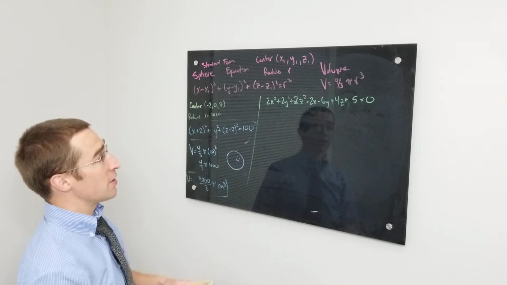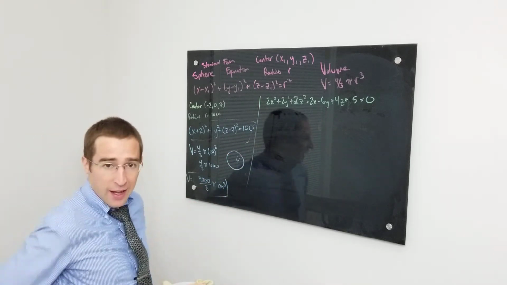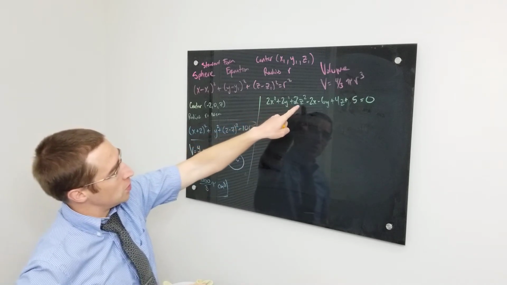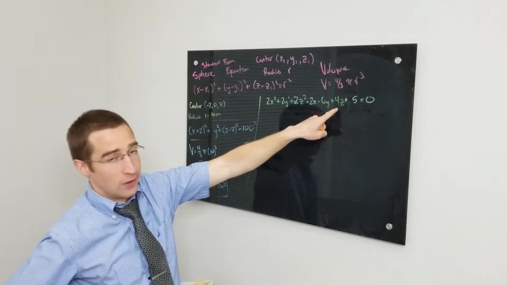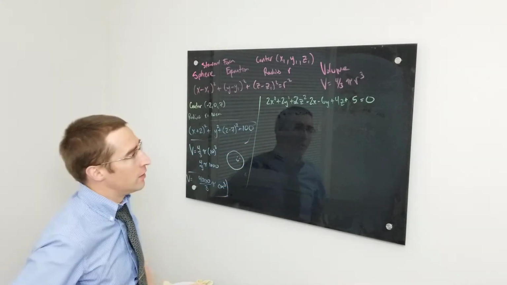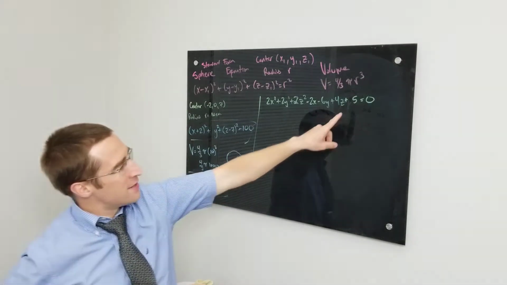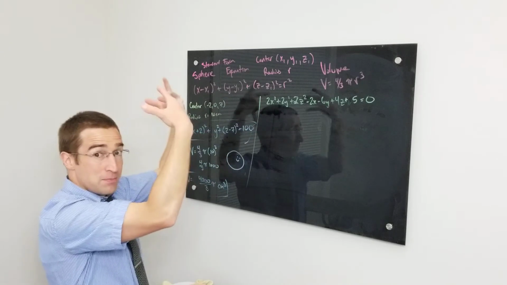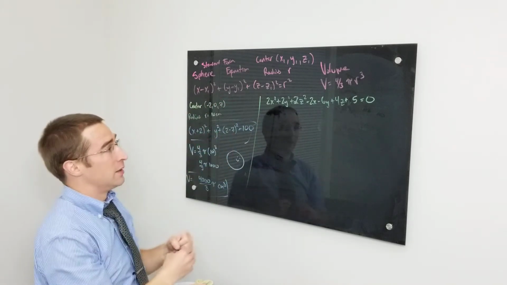So what we want to do here is we identify, hey, check it out. Well, remember what this does? Sorry, what we want to do is get all these squares, right? So we're going to have to do some completing the square.